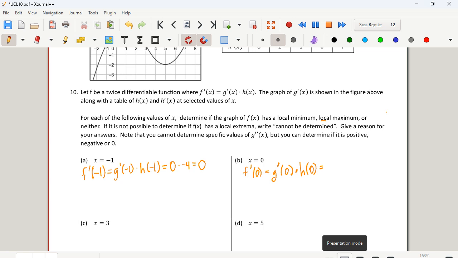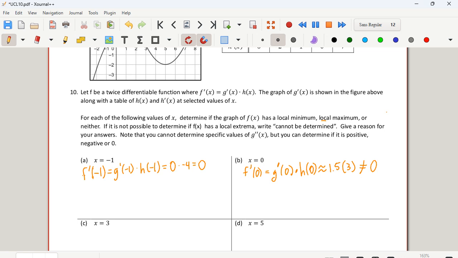So it looks like it's about 1.5, so I'm going to use a squiggly equal. So we've got about 1.5 for g prime of 0, and then h of 0 is exactly 3. And then I'm just going to say that this thing does not equal 0. So f prime does not equal 0. And we're good there.